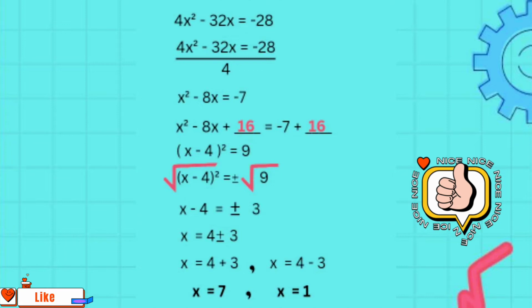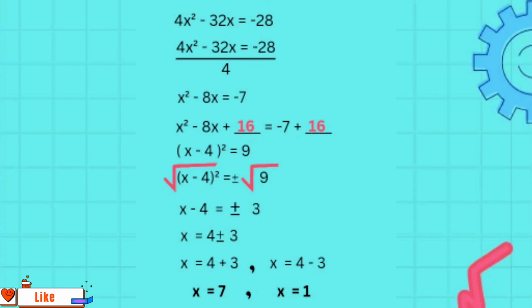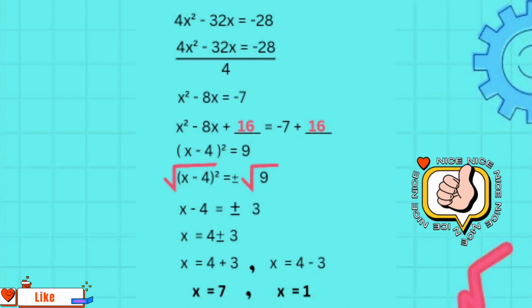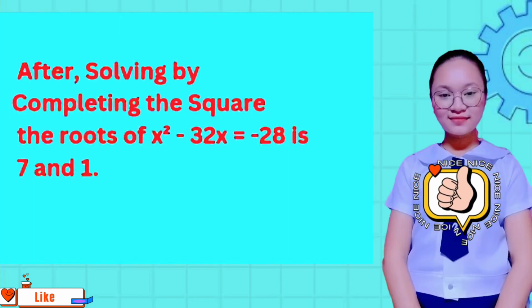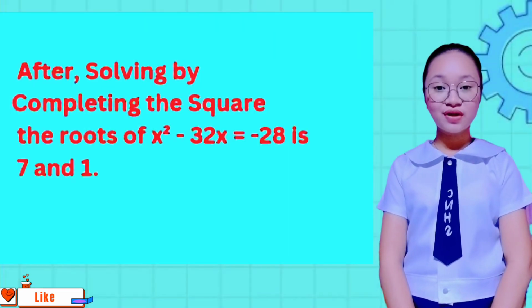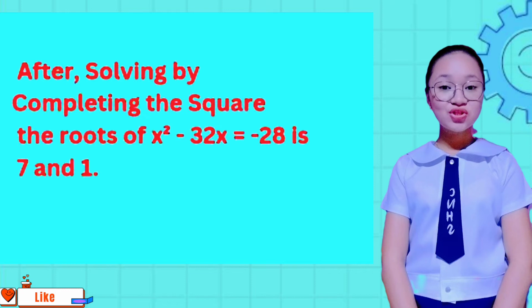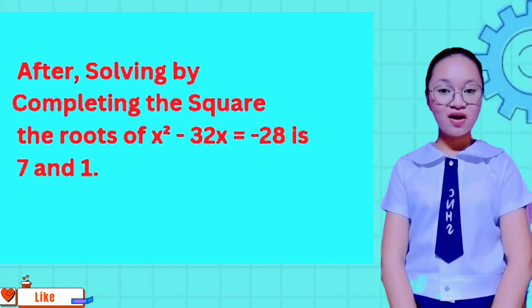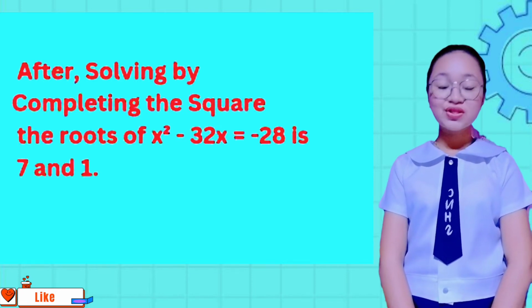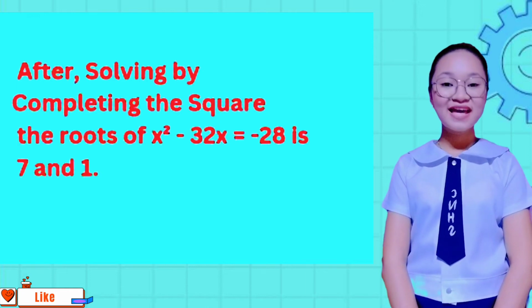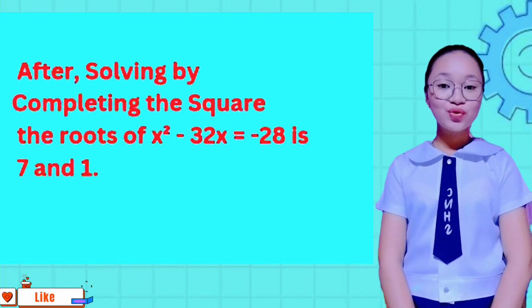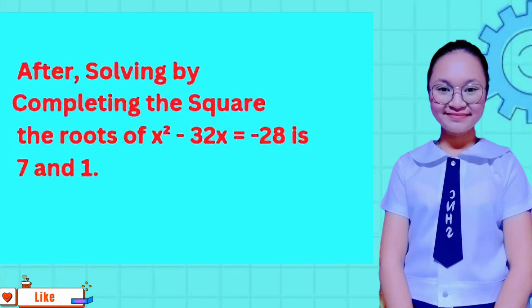We have x1 equals 4 plus 3 and x2 equals 4 minus 3. The final result is x1 equals 7 and x2 equals 1. After applying the method of completing the square in solving the quadratic equation 4x squared minus 32x equals negative 28, the roots are 7 and 1.